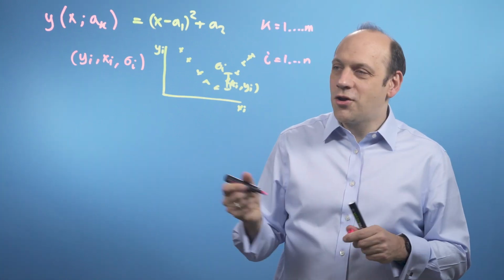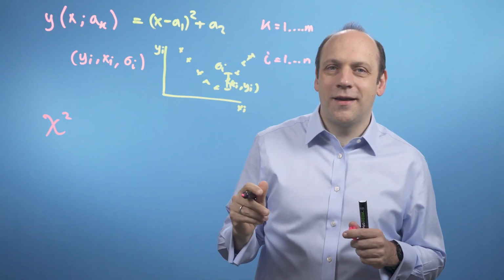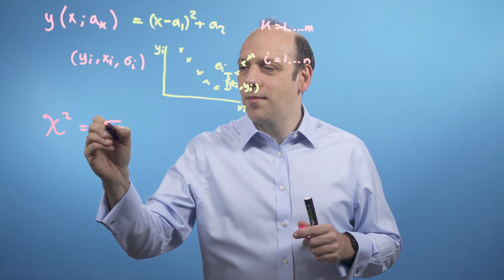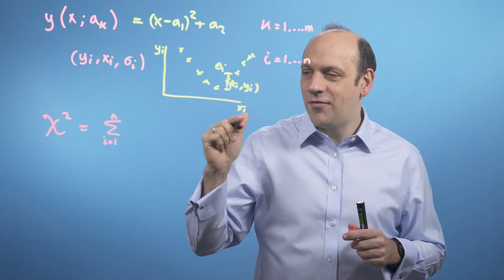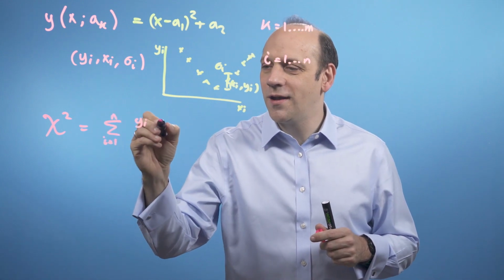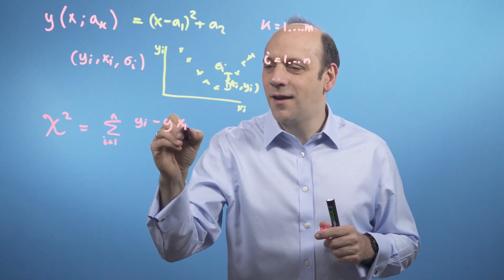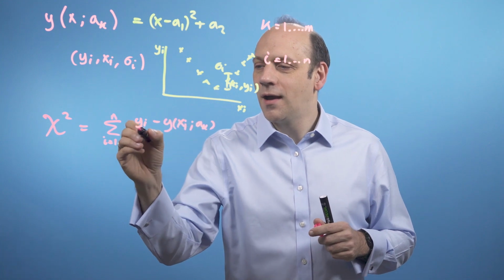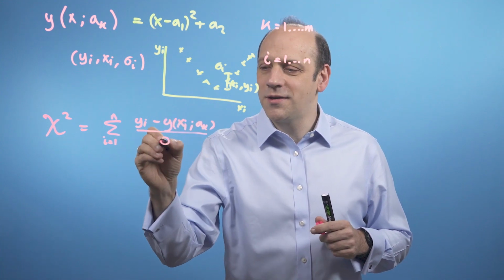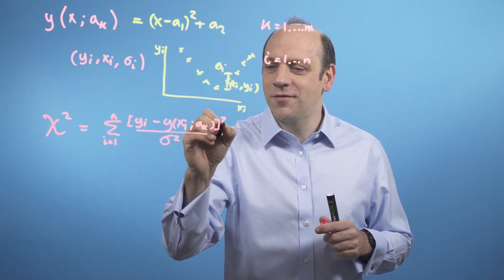Then I'm going to define a goodness of fit parameter, chi squared, as being the sum over all the data points i of the difference between the yi and the model of xi with its parameters ak. And I'm going to divide all of those by sigma squared, and I'm going to take the squares of the differences.